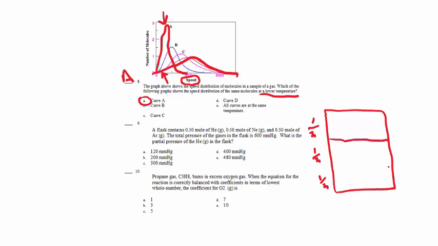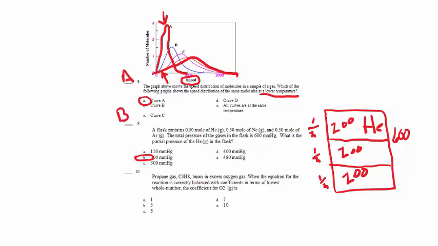So according to the law of partial pressures, if there's 600 millimeters total in this, that would be 200 millimeters here, 200 millimeters here, and 200 millimeters here of pressure. So the partial pressure of the helium would just be this 1/3 of it, which would have to be the 200 millimeters. Pretty simple question.